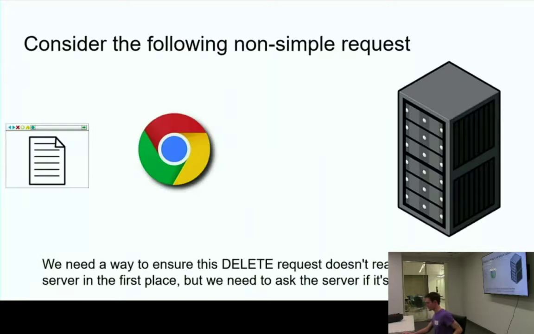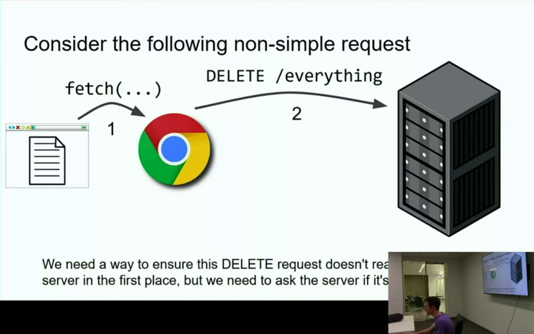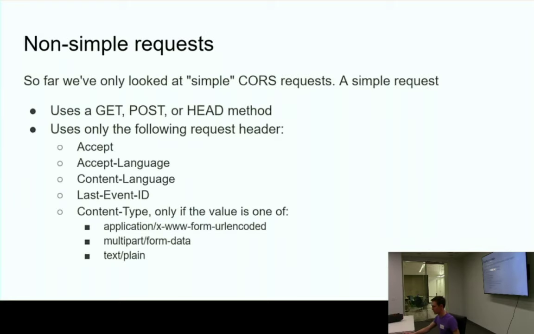Consider if we handled them like simple requests, and imagine any HTTP method was allowed. The website says, hey browser, give me this URL. Turns out it wants to do a DELETE method on /everything, something terrible that will do some kind of destructive operation on the server and falls well outside of this specification.